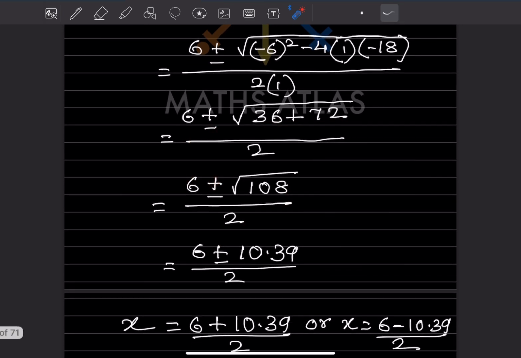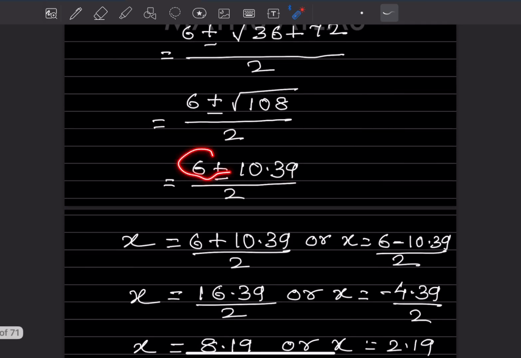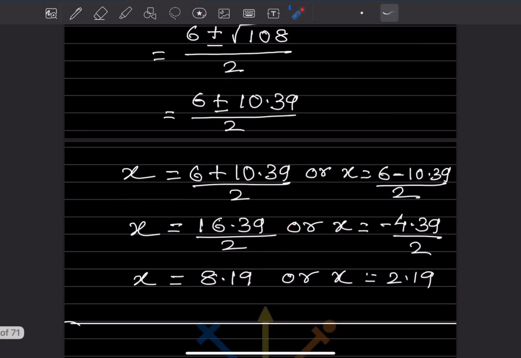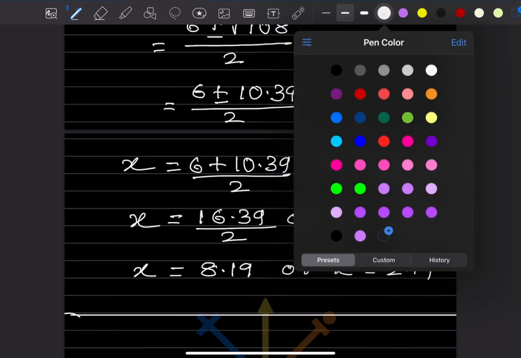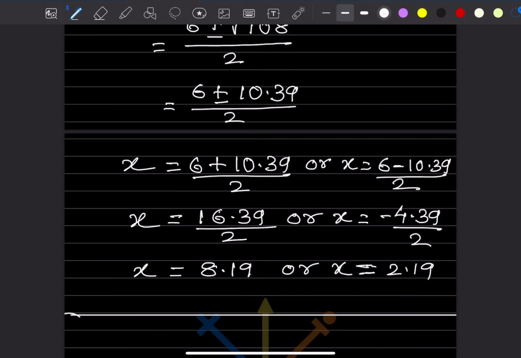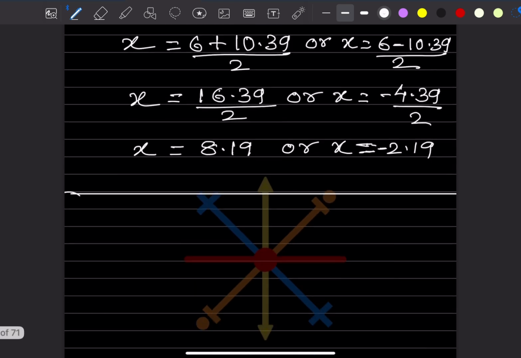Now again here you can do root of 108, that is going to be 10.39, divided by 2. Once you take plus divided by 2, and the other one is going to be minus divided by 2. So that will be x equal to 8.19, or x is equal to, sorry, for this one it is going to be minus 2.19. So this is the answer.